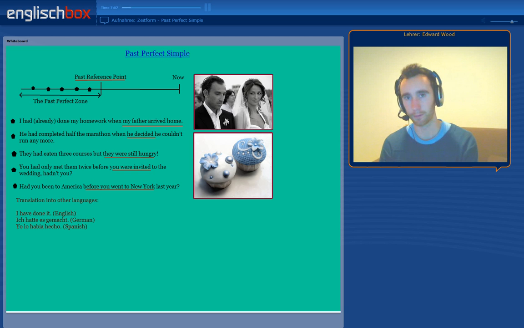In German this comes after the object, in Spanish in much the same way as in English, after the auxiliary verb. So I have is ich hatte, or yo había, and then done would be gemacht or hecho, and it in German would be es, and in Spanish lo. Okay, so you can see how this translates into English.